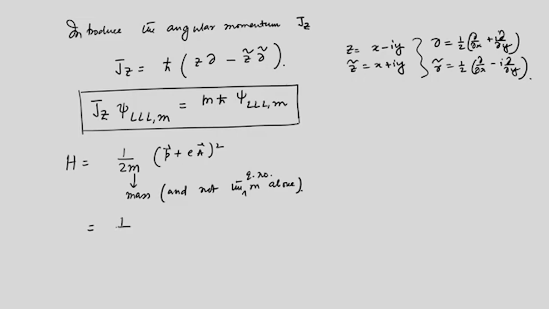These are customary, but they are quite important too. So, it is 1 over 2 lB squared, and this is equal to (minus i del x minus y by 2) squared plus (minus i del y plus x by 2) squared.